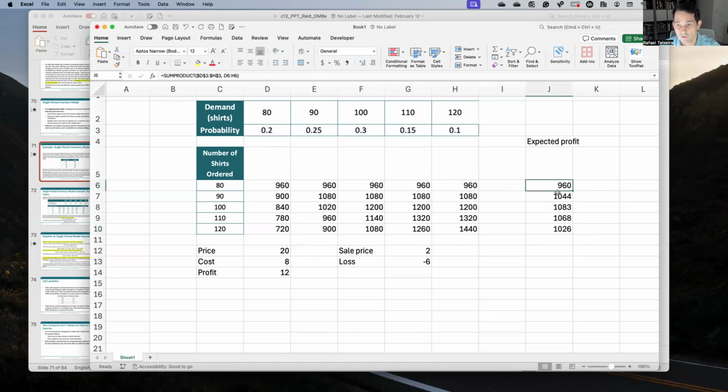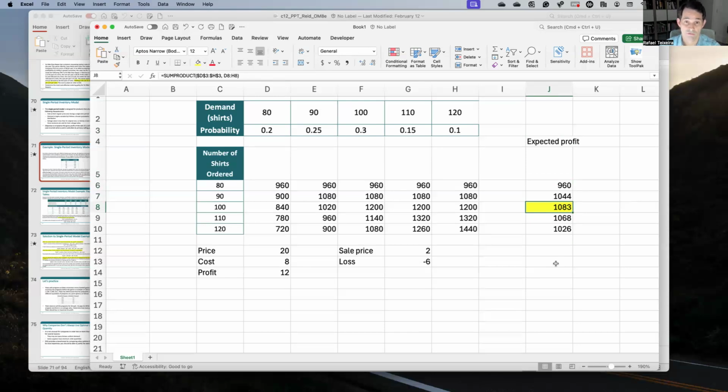Okay, so now what is the job? I have to figure out which amount of shirts ordered has the highest expected profit. So the highest expected profit is this one, $1,083. That's all expected profit based on the probabilities from the past.